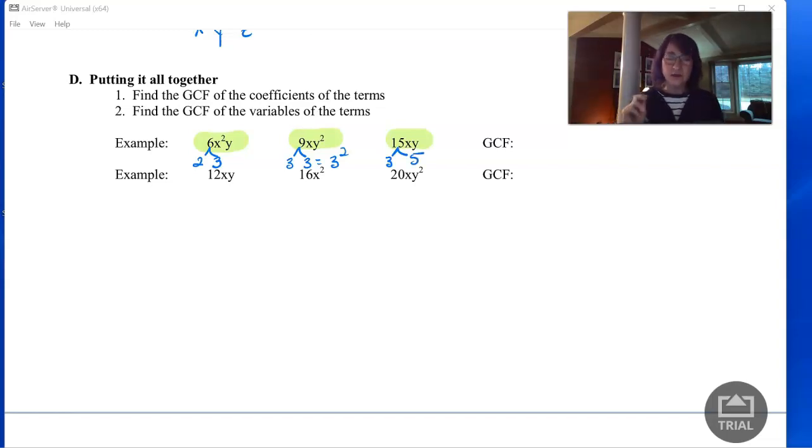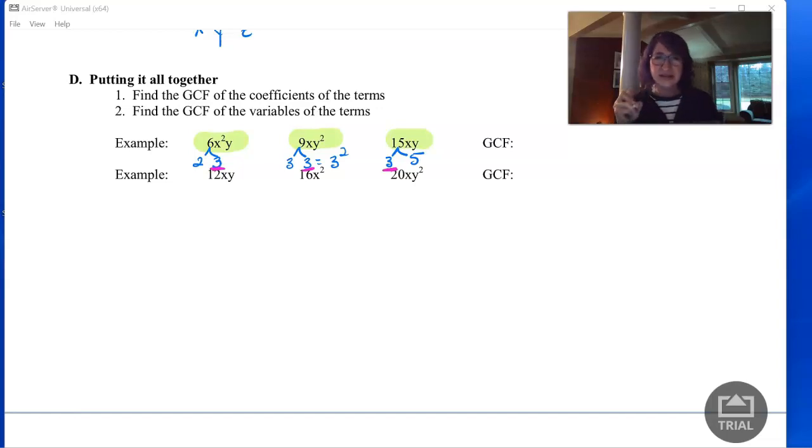So when I look at this, just like I did with my variables, I see that I have a 3 that is common to all 3 of those expressions. The smallest exponent of those 3's is 3 to the first.